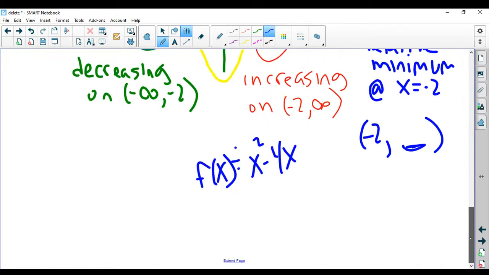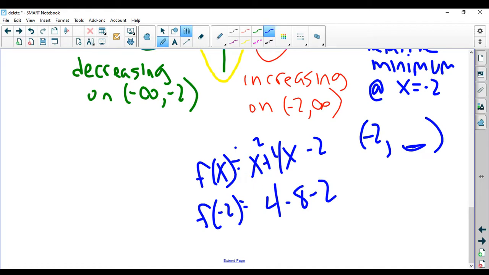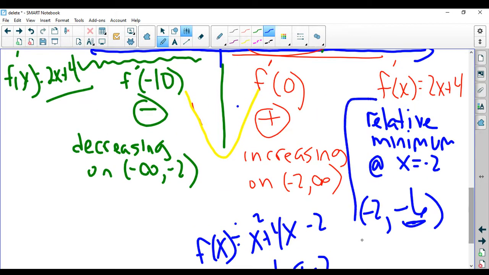When you plug in -2, you'll get 4 minus 8 minus 2, which is -4 minus 2, which is -6. And that is the relative minimum.